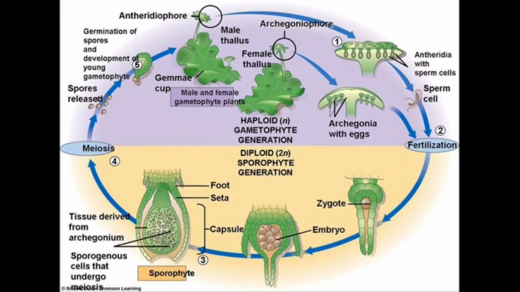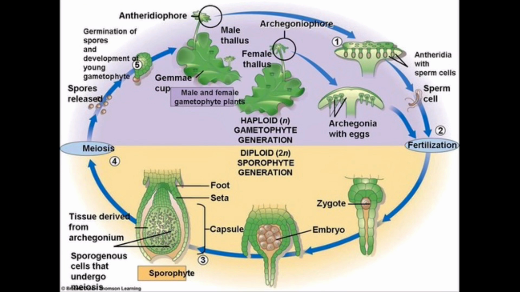Let's discuss the sexual reproduction in Marchantia. This is the cyclic representation of sexual reproduction in Marchantia. The sex organs, that is the male and female gametes, are produced on the same thallus or sometimes on different thalli. In this diagram, you can see the male thallus and female thallus are different.